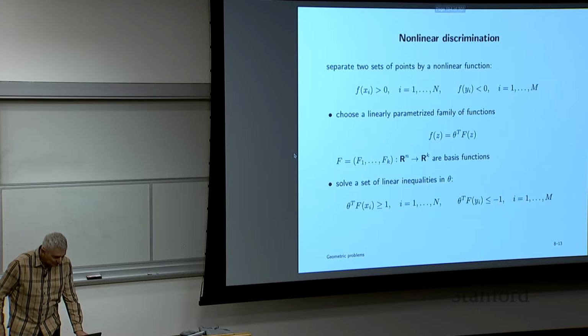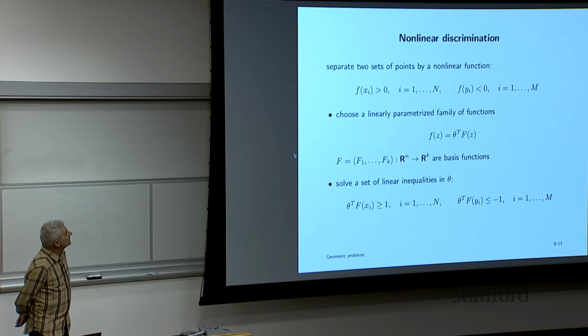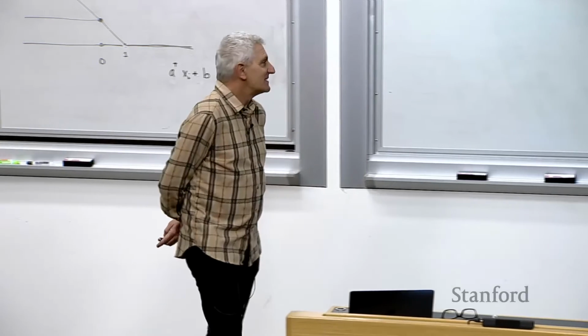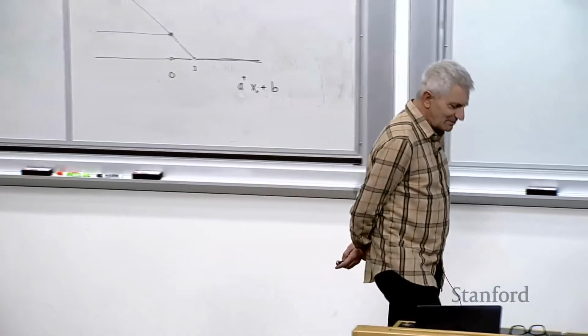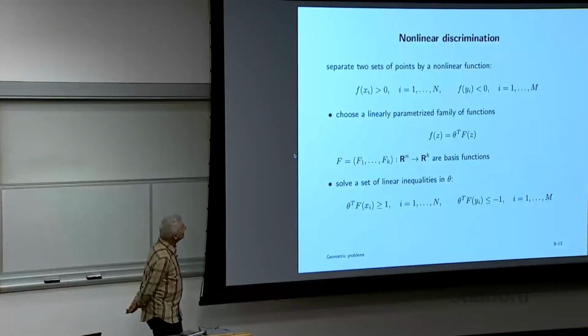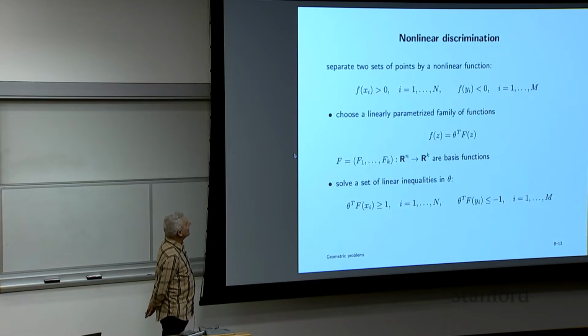Okay. Well, you can actually do this. People in machine learning describe this as kernel methods, but we could just do this. Suppose you want to separate two sets of points by some nonlinear function.